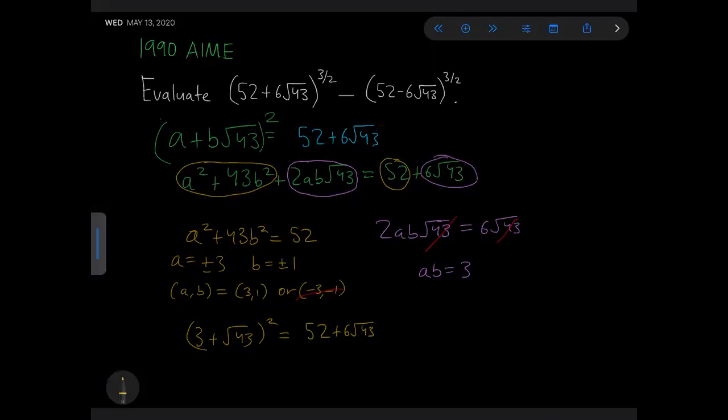So now what do we do? We repeat this for 52 minus 6 root 43. It's a very, very similar process, right? And we get that the answer for this can be simplified to 3 minus square root 43. I'm not going to go over the entire process since it's pretty tedious, as you just saw, but the same logic applies.